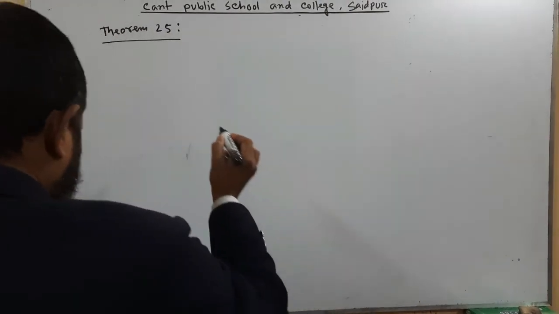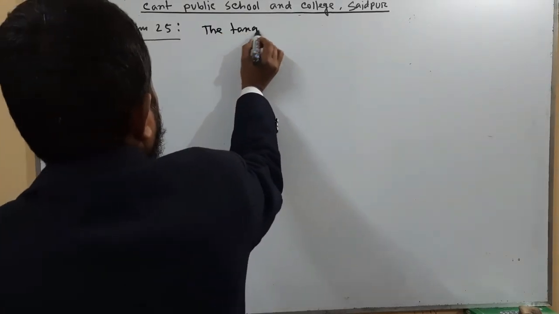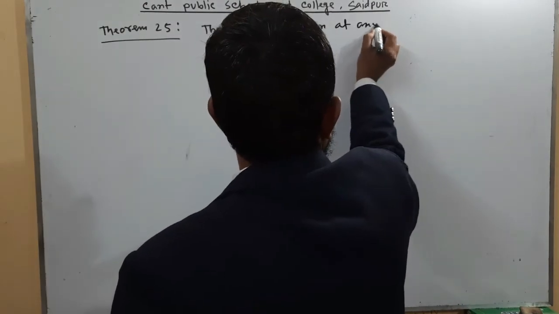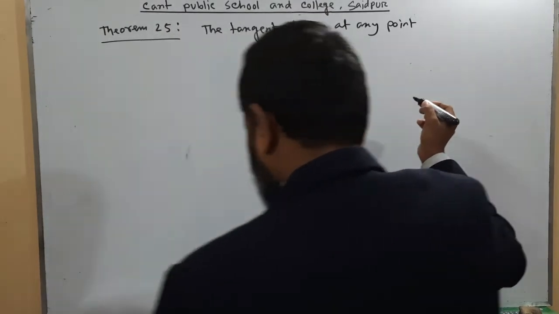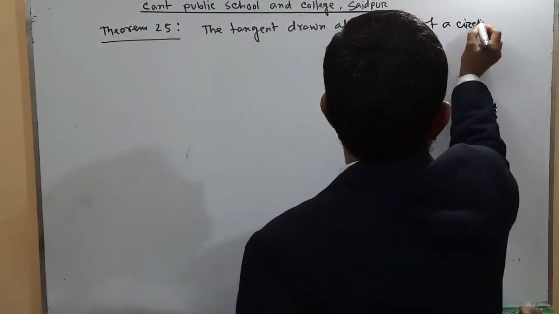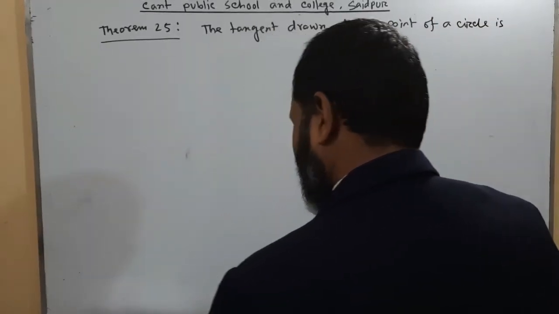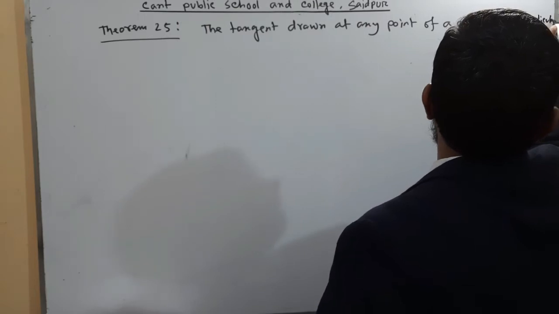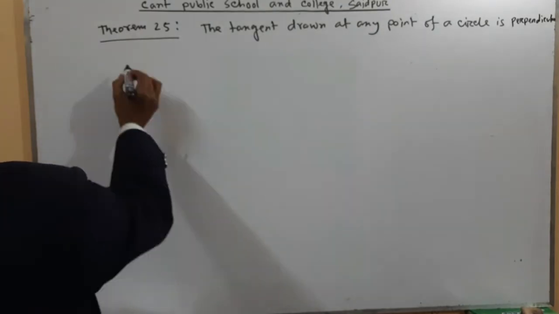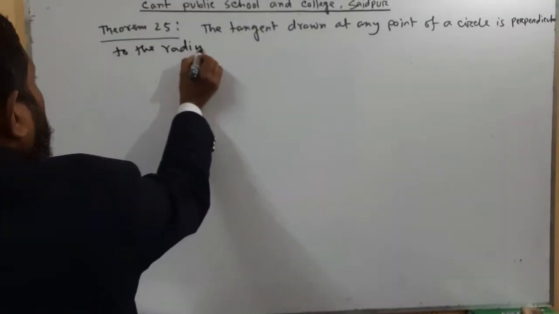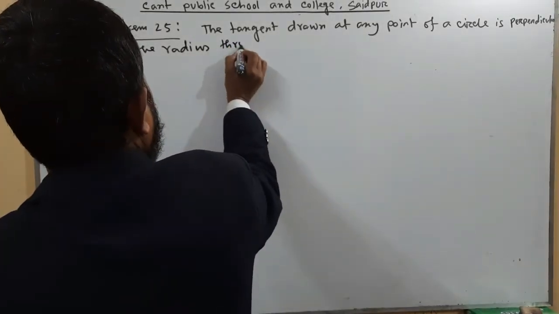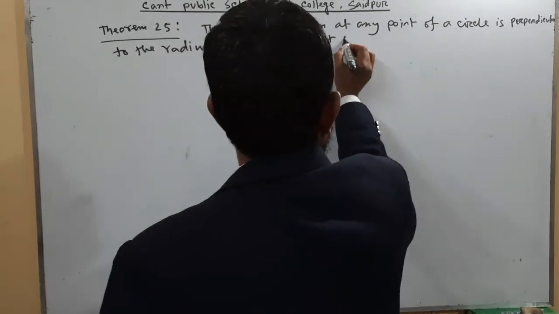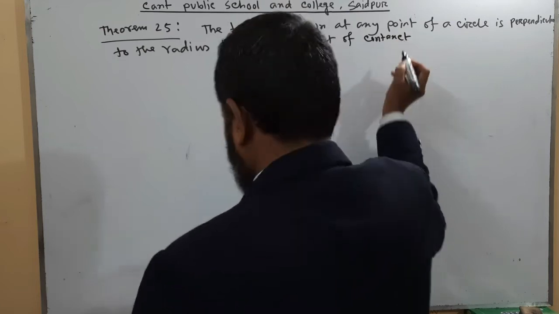First I am writing: the tangent drawn at any point of a circle is perpendicular to the radius through the point of contact of the tangent.